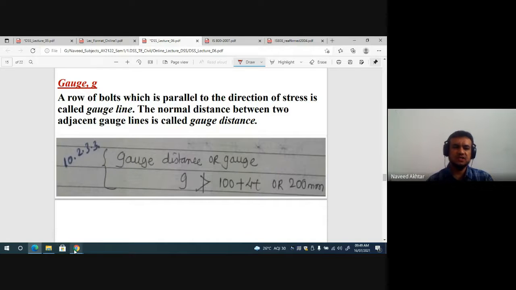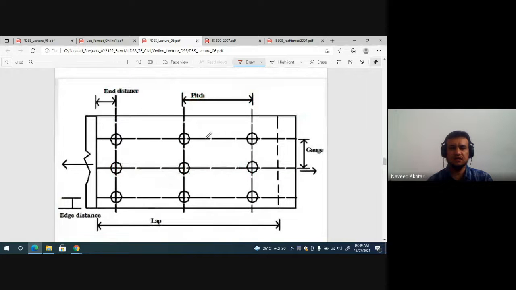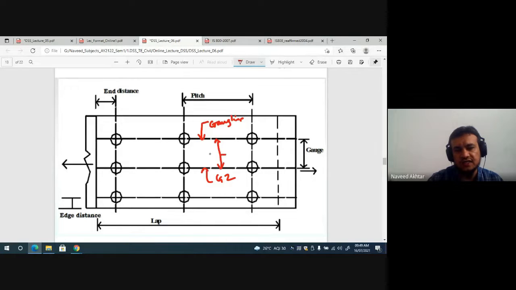Here you can see that this is gauge line 1, which is parallel to the direction of stress, and this is gauge line 2. The distance between these two lines is called gauge distance. That is the definition given here.